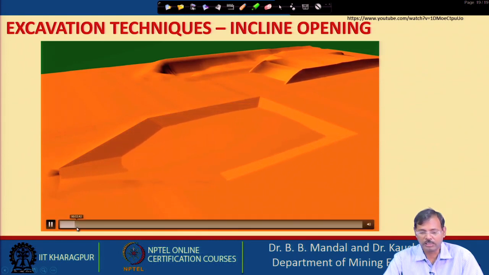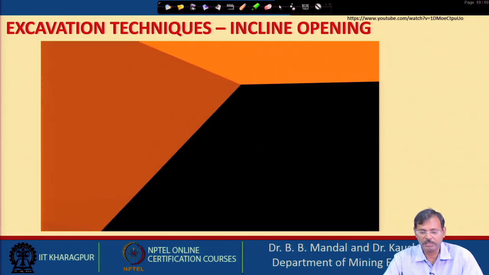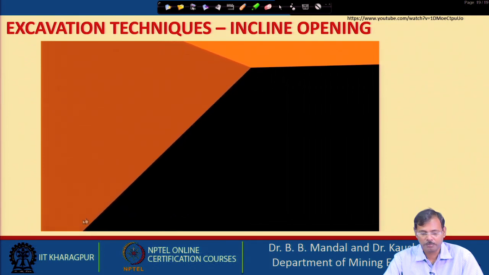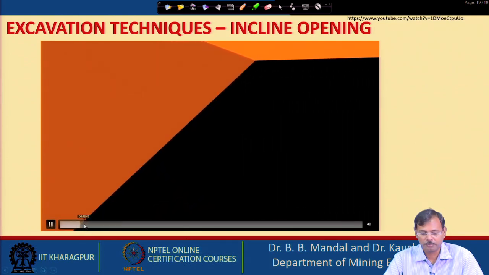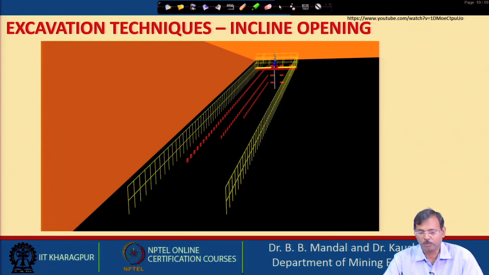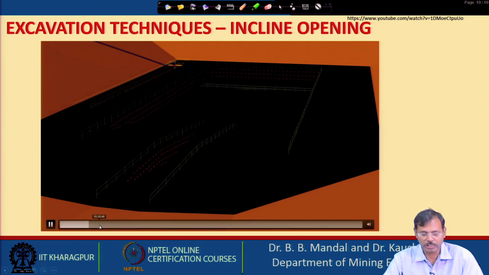Then the surface excavation is made, a box is created. Then from the box, supporting has to be made at the side of the box, so that it will not fall down. Then gradually the excavation is deepened, so that the portal can be made.